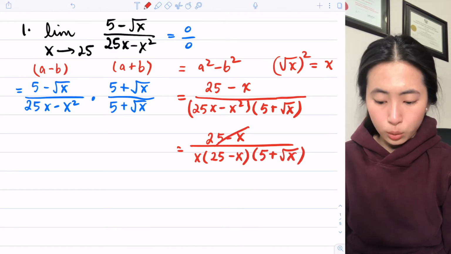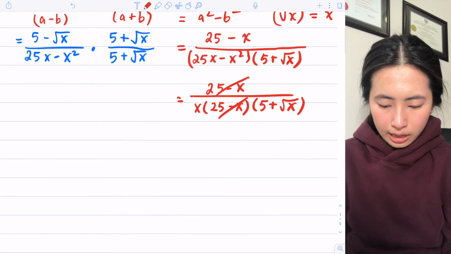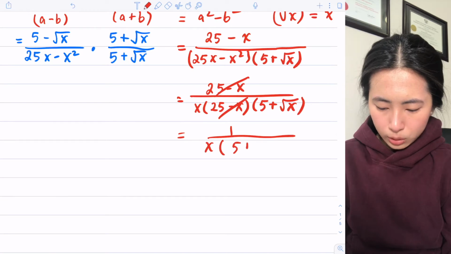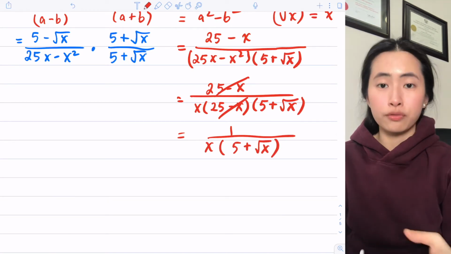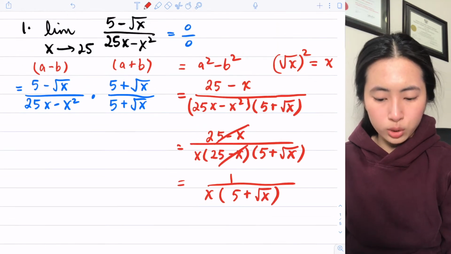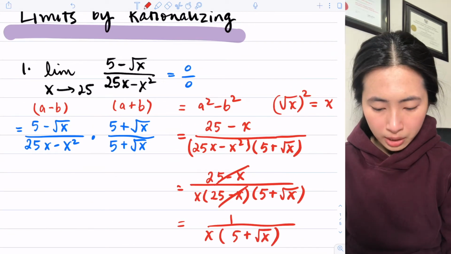We're able to cancel out 25 minus x, and we're left with 1 over x times 5 plus square root of x. And this is the time you evaluate your limit because you're able to eliminate 25 minus x, which is causing you to result to an indeterminate form.